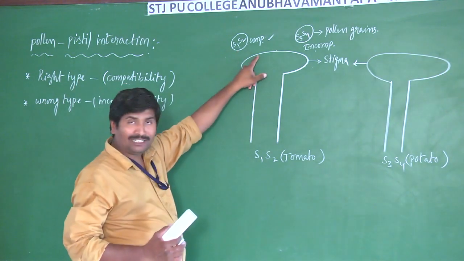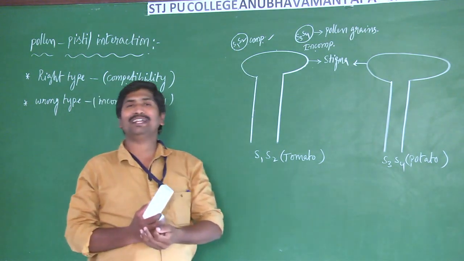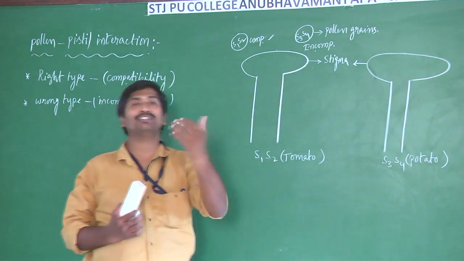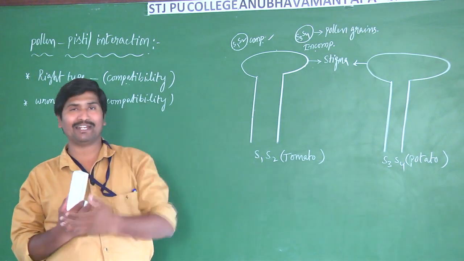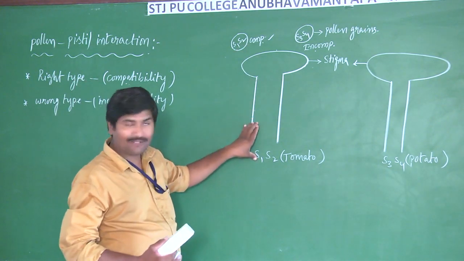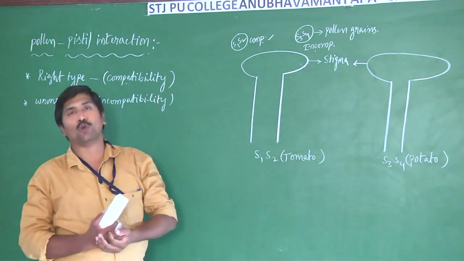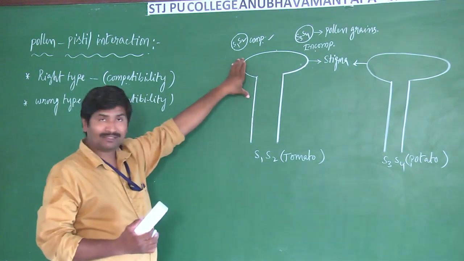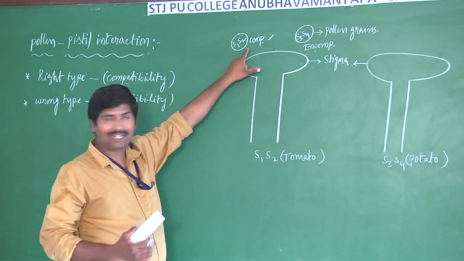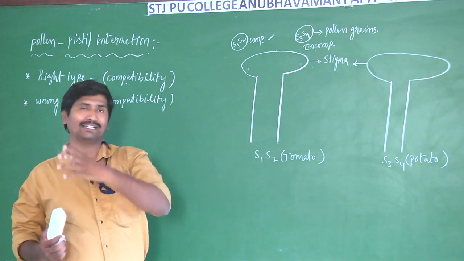When the compatible pollen grain lands on the stigma, it promotes the further post-pollination events. The incompatible one is rejected from the stigmatic lobe. The compatible pollen grains are accepted and the incompatible pollen grains are rejected.